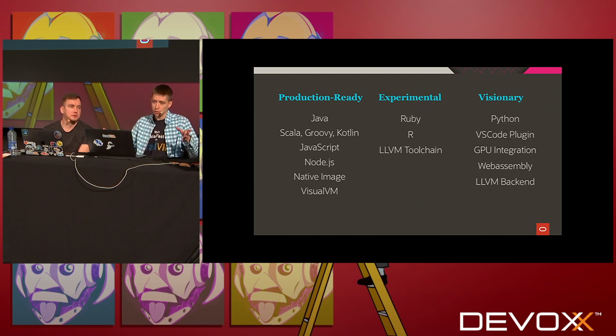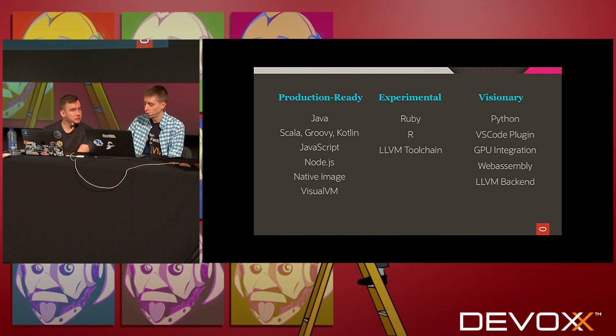And there are a couple of visionary parts that we're currently working on. One is Python. We are accelerating the Python support at the moment. One is a Visual Studio Code plugin. We are working on adding a plugin to Visual Studio Code that allows you to use the polyglot capabilities of GraalVM better and also gives more tooling support for the native image parts of GraalVM.